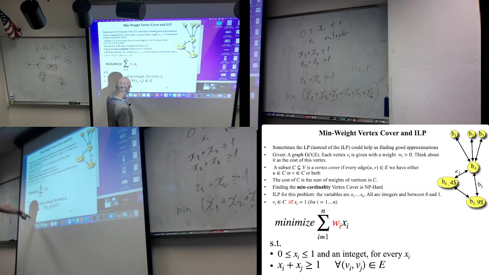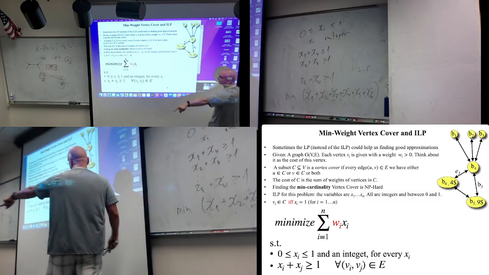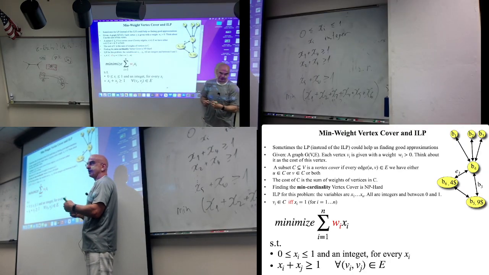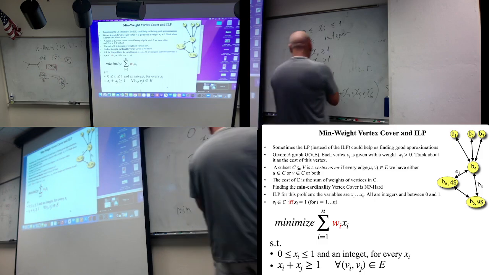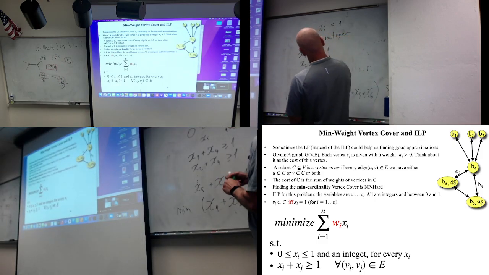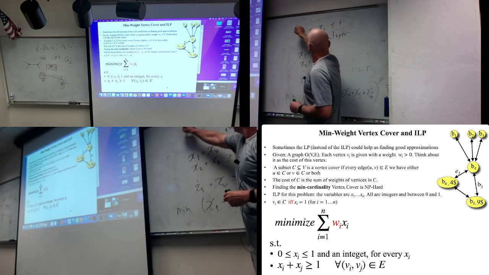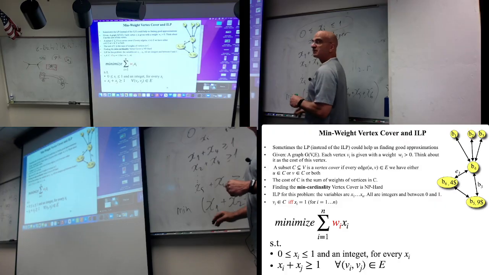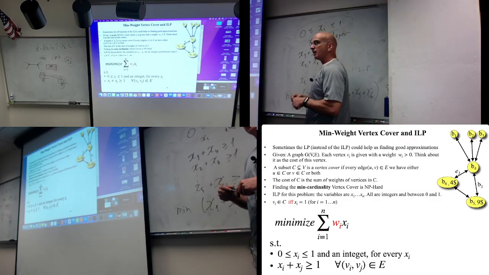That is, I'll solve the very same problem, except that now I don't require the xi's to be integers. I'm still using these constraints: xi is between 0 and 1. And now you're running the LP, not the ILP.